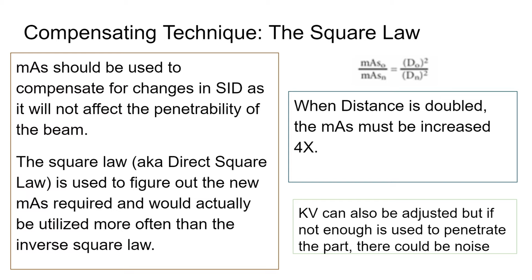So the direct square law deals with mass, right? Because if your tube moves further away, intensity goes down, which means you need more mass, right? So one of the things you do with these questions too is also figure out whether the mass is going to go up or down. You might be able to get rid of a choice that way, just pretty quickly.